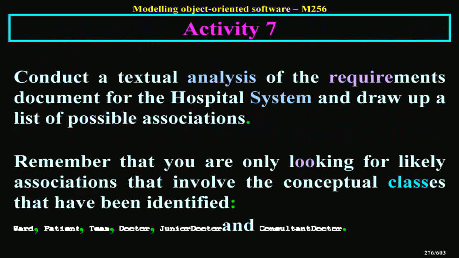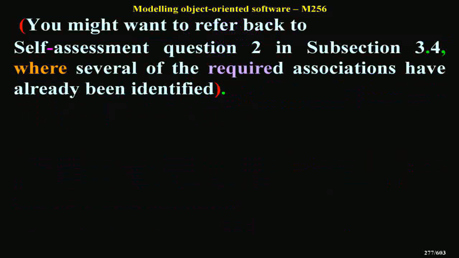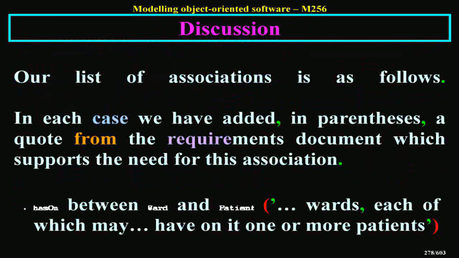Remember that you are only looking for likely associations that involve the conceptual classes that have been identified. And you might want to refer back to Self-Assessment Question 2, which is subsection 3.4, where several of the required associations have already been identified.